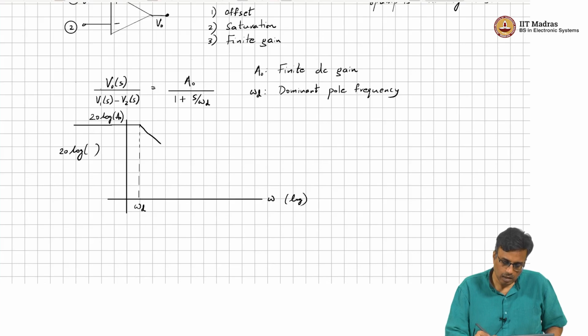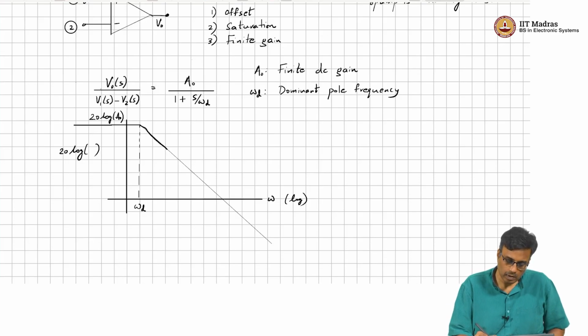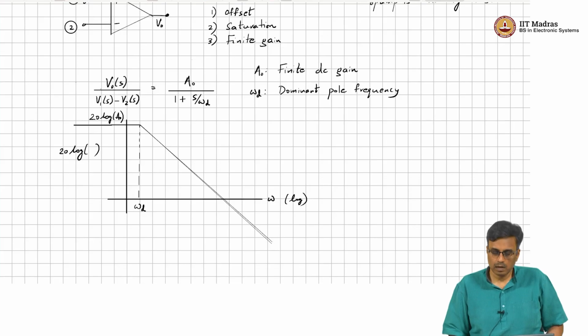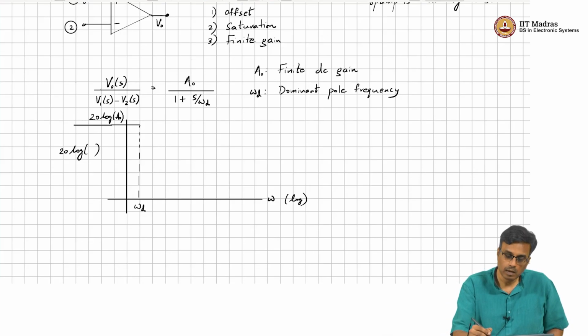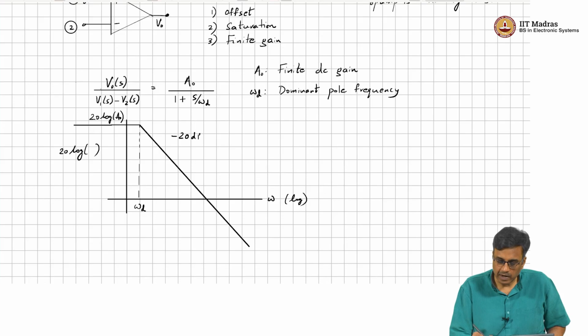And beyond that, the gain falls off as minus 20 dB per decade.